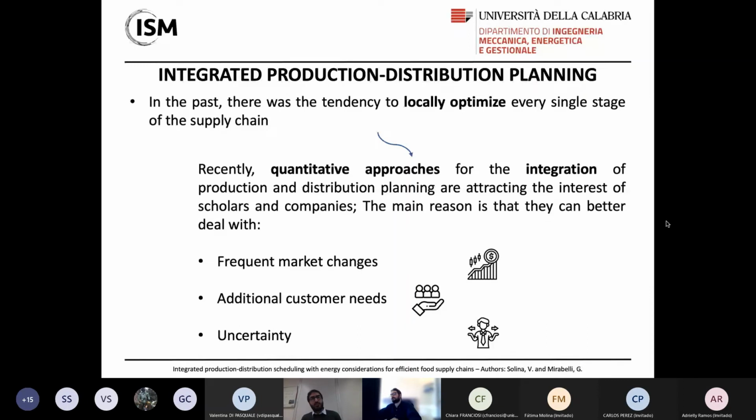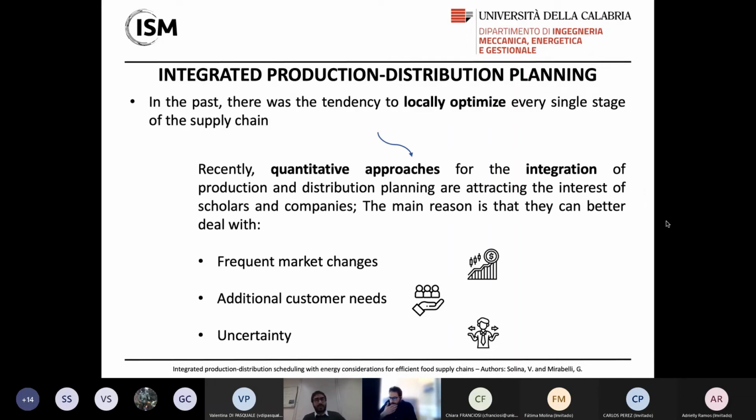When we talk about supply chain management, we can say that, after a review of the literature, the tendency in the past was to locally optimize each single stage of the supply chain, then only production, only distribution, then to join, inefficiently, we can say, the solutions obtained from a production plan and a distribution plan joined together.